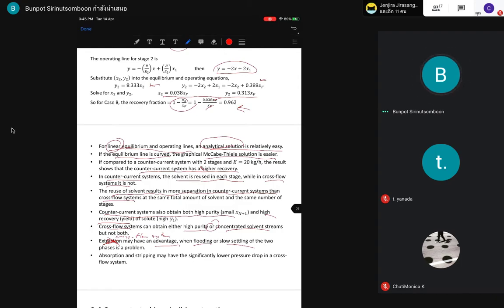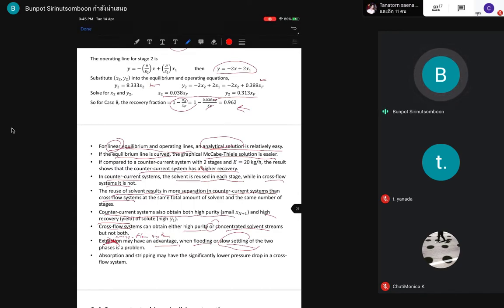So eventually you want to separate the two liquids, and you may have to use a settler to do that. With cross flow, there is less mixing between the two liquids, so you have less problem with settling.